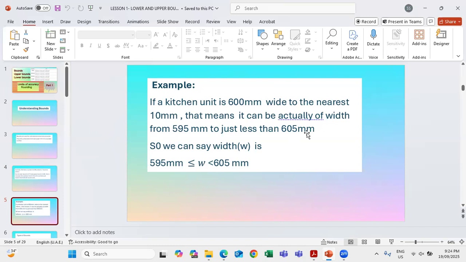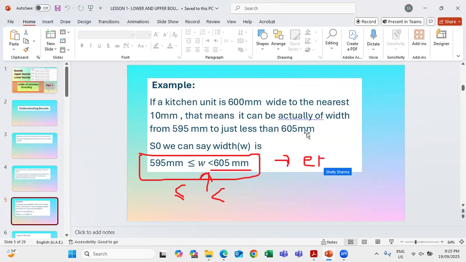Here it is written that the width is between 595 and 605 millimeters. On this side it is only a less than sign, and here it is less than or equal to. So this is also known as the error interval. That means which values are acceptable, how much error is acceptable for this value of 600 millimeters if you have to find it to the nearest 10 millimeters. That will be from 595 millimeters to 605 millimeters.